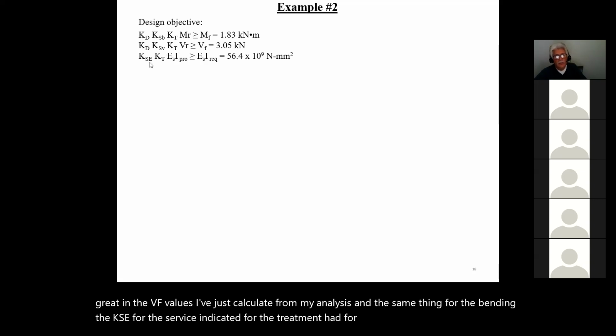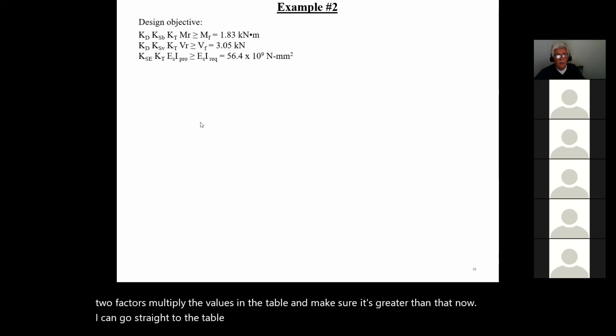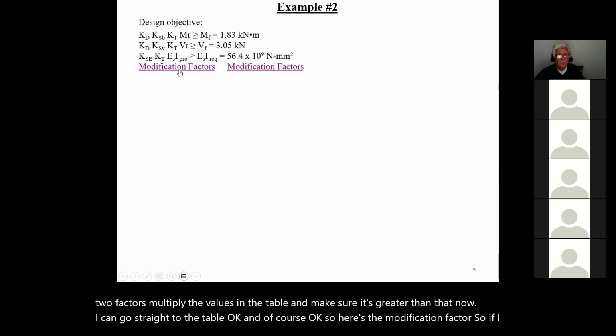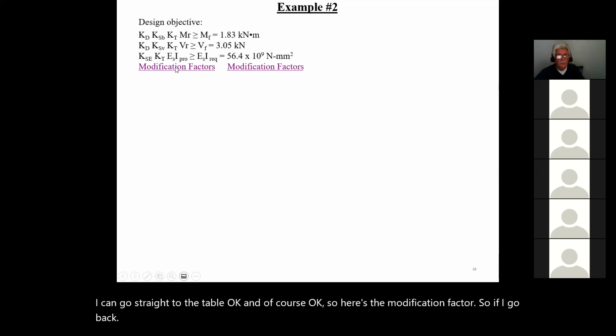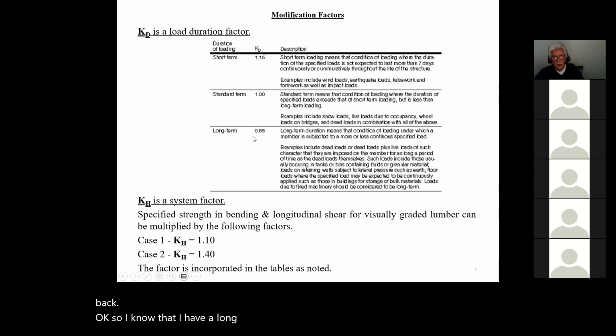I have to take those two factors, multiply the values in the table, and make sure it's greater than the required value. Now I can go straight to the table, and here's the modification factor. So if I go back, I know that I have a long-term load. I'm in a warehouse, so therefore I should take a KD equal to 0.65.